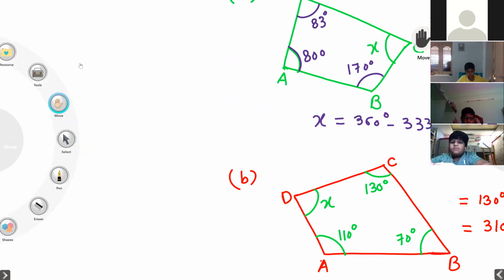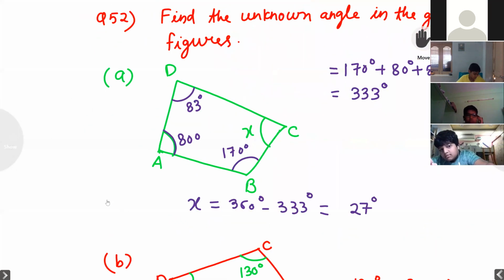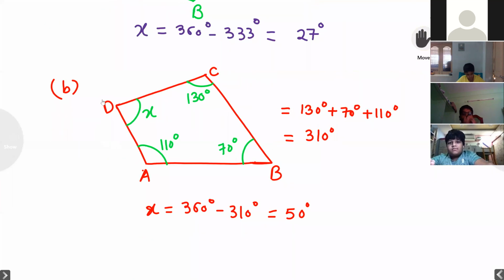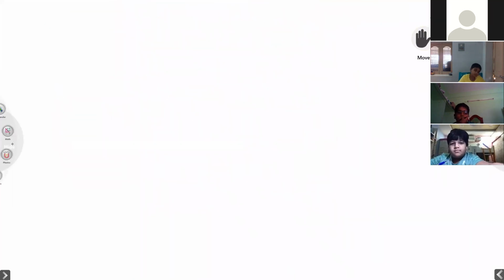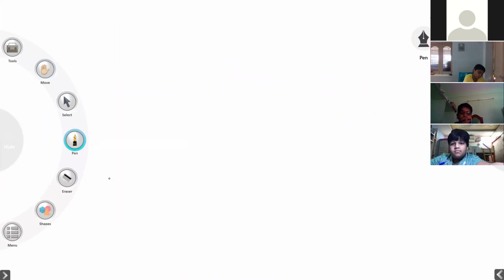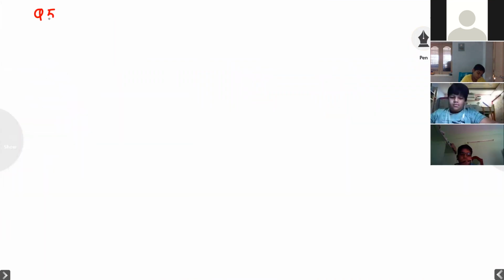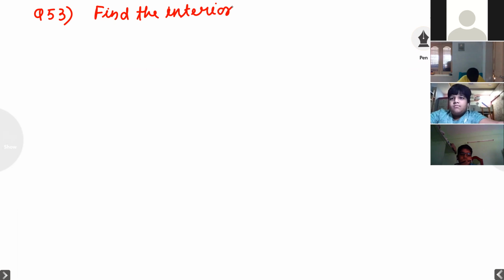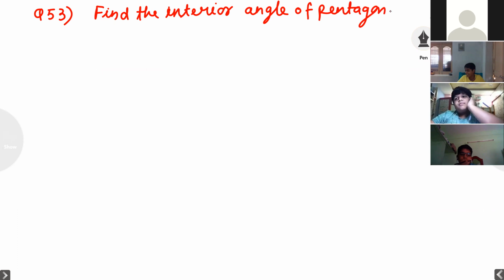Find the interior angle of a pentagon. Pentagon means how many sides? Four sides or five sides?